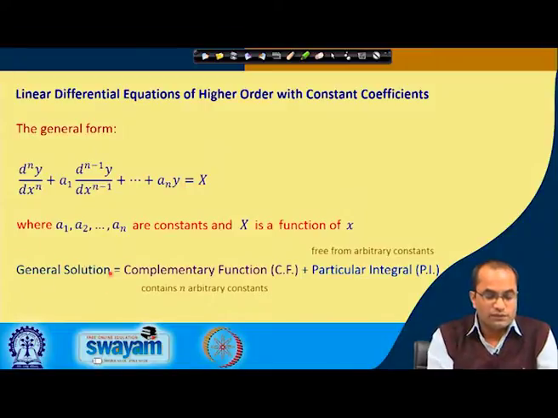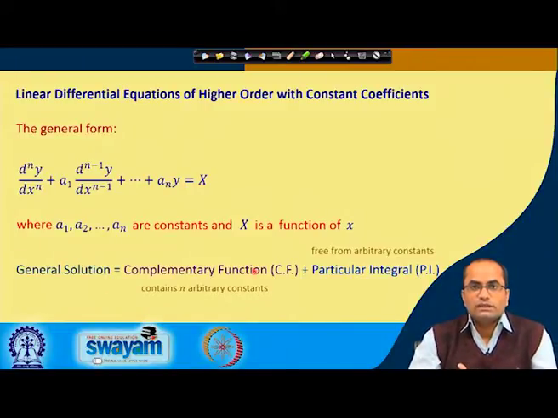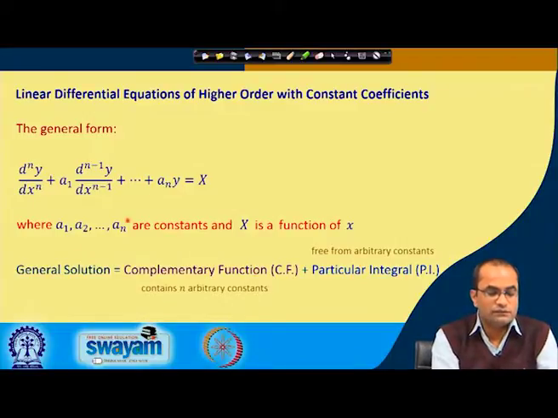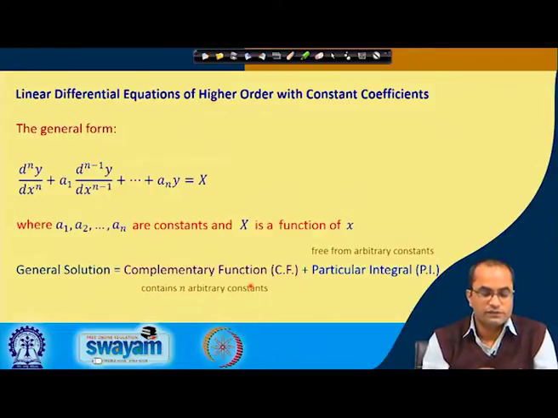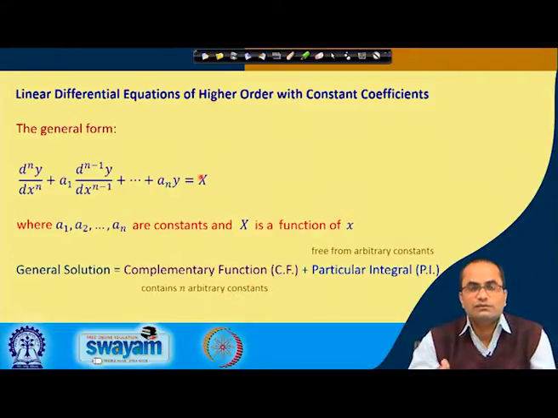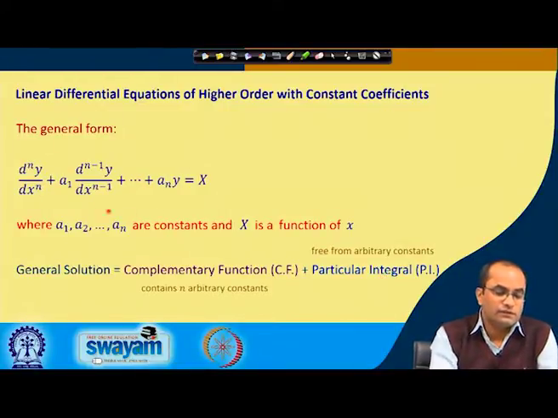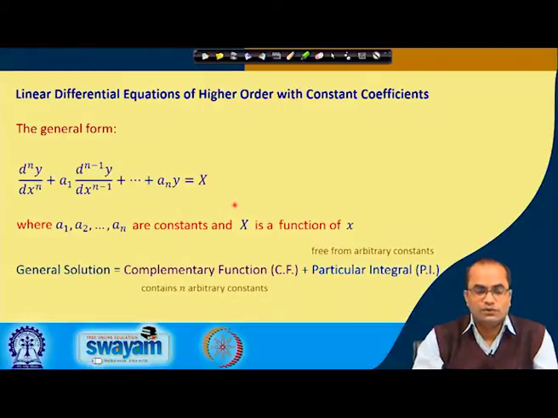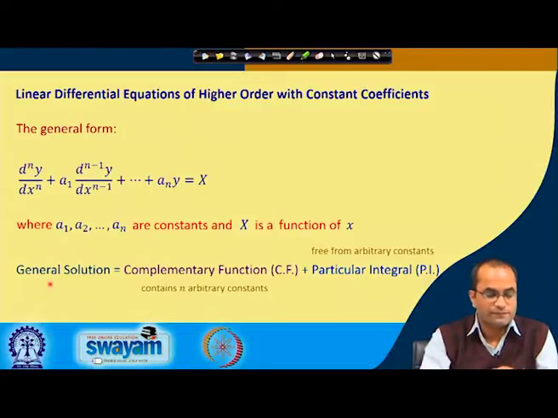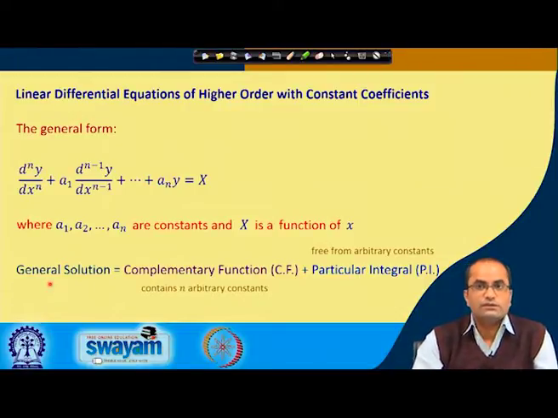This is the easy method to get the general solution of the given non-homogeneous equation: if we can get the complementary function, which is the general solution of the homogeneous equation, and we will see that this is very easy, then we need to find just one particular solution which satisfies the given differential equation. When we add the two, we naturally have n arbitrary constants, and today we will see that this becomes the general solution of the given differential equation.